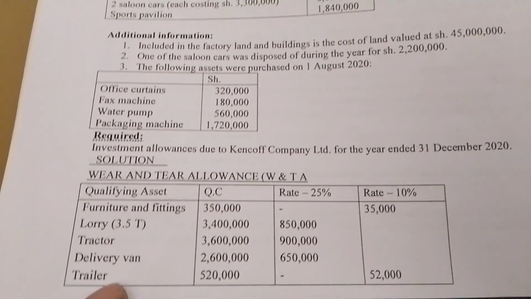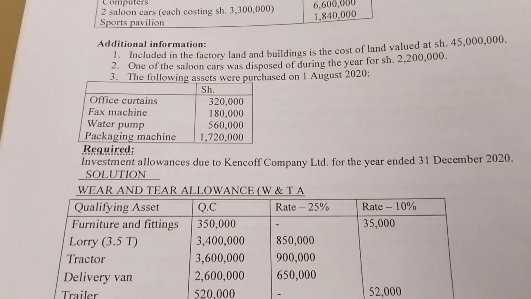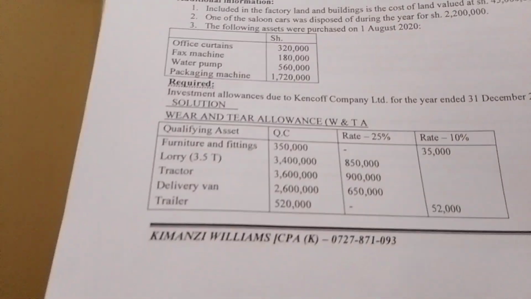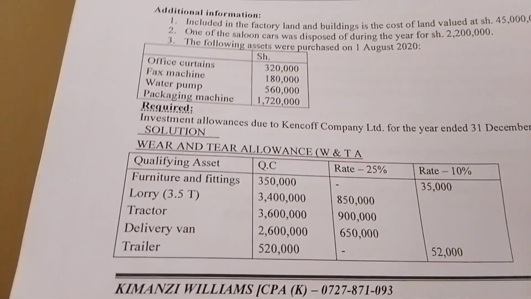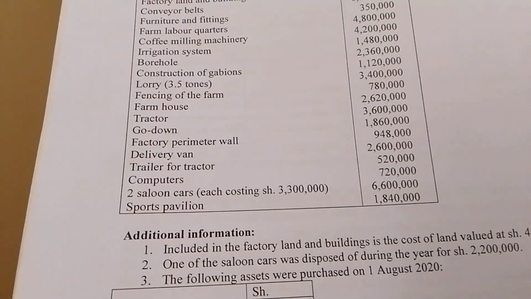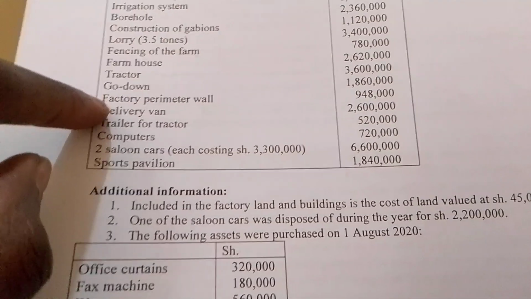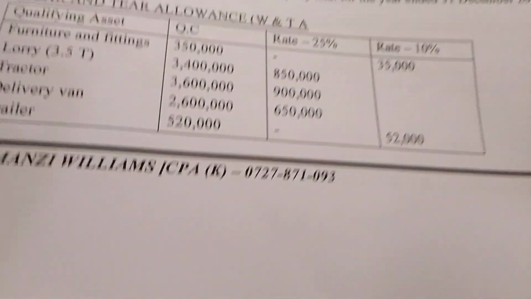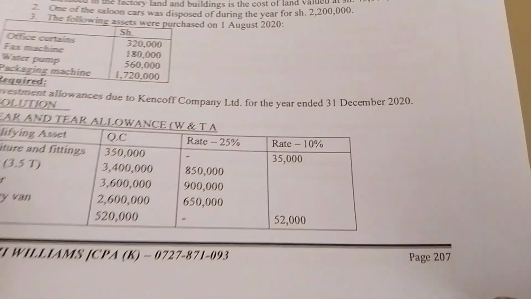Then trailer, 520,000. You see the trailer is here. The trailer for tractor goes for 10%.